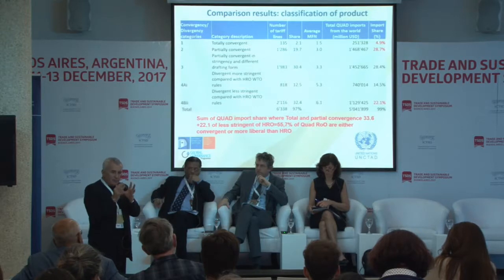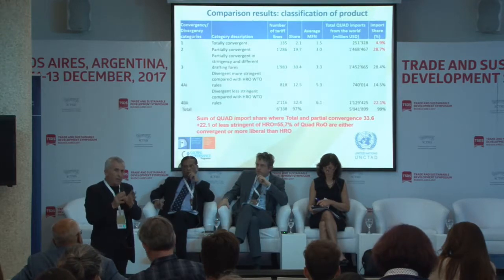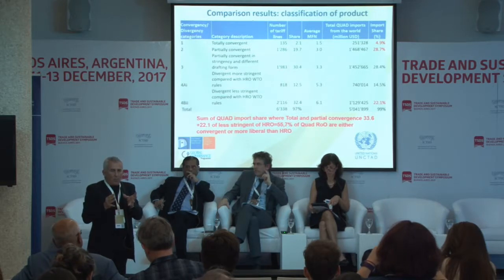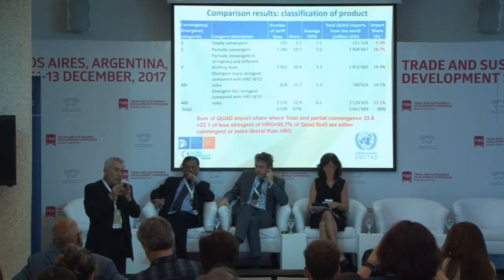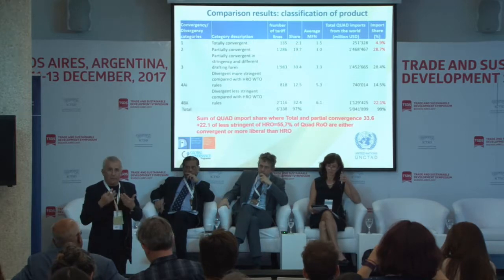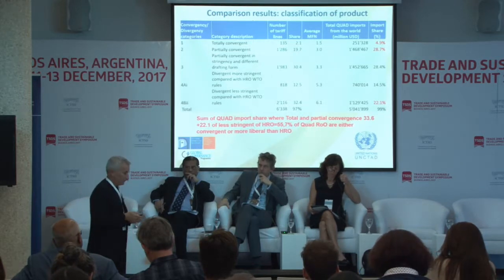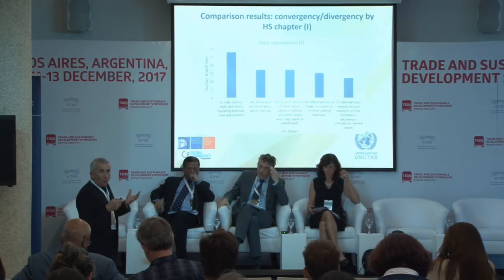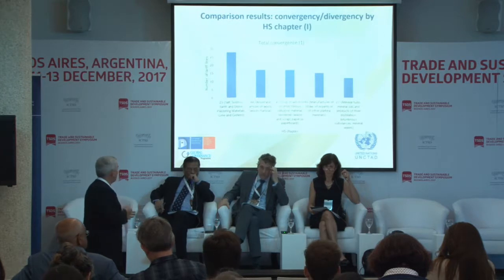This is a significant sign that not only the major trading powers are converging on some parts, but they are converging also on creating rules of origin which are more liberal and therefore less trade distorting. This is something that we need to build upon. Now, these are some sectors where the Quad countries converge.